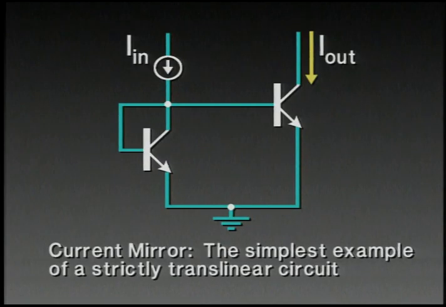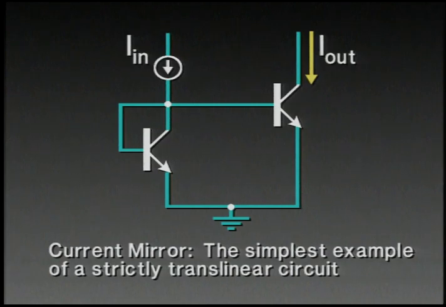Here we have one transistor connected as a diode and the second transistor connected in its normal active mode, and we know almost by inspection that the output current is going to be a linear function of the input current. We can scale the mirror in such a way that the output current is more than or less than the input current.